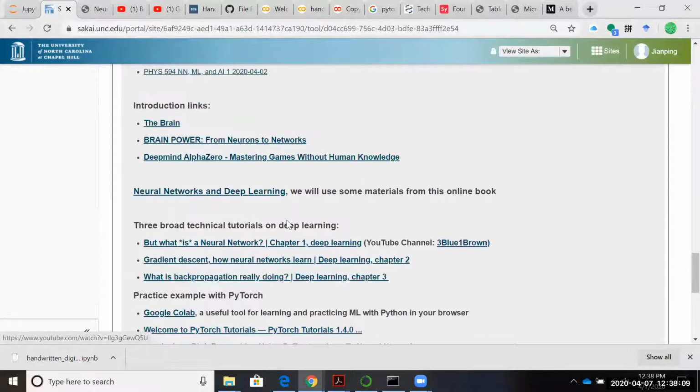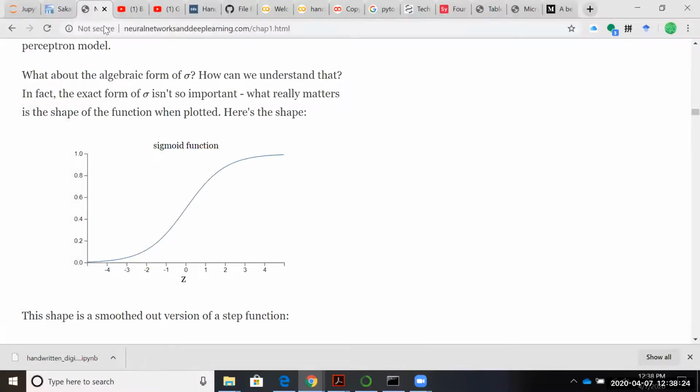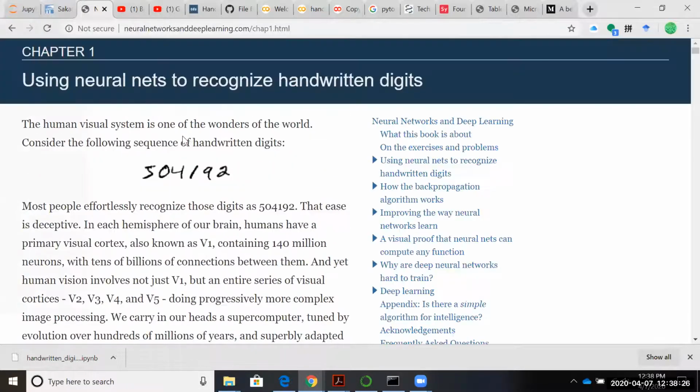Okay, so now with that, we go through today's topic, which is neural network and deep learning. This is an online book, and I have a link here. You can read it online, and it has many chapters.